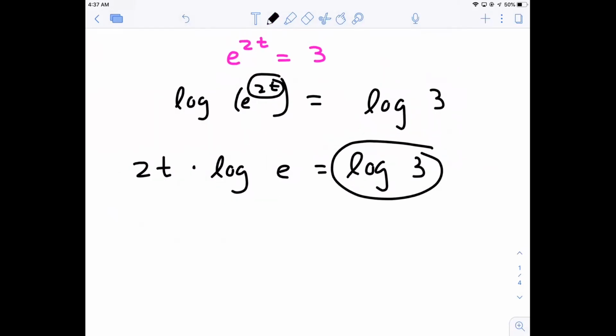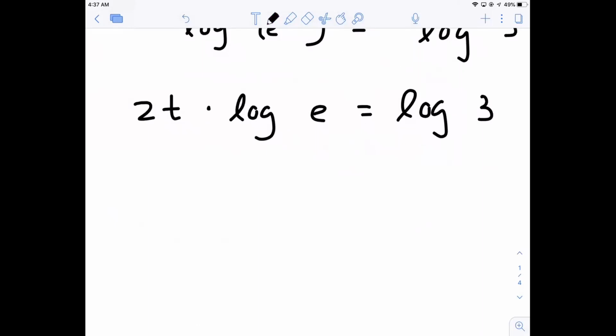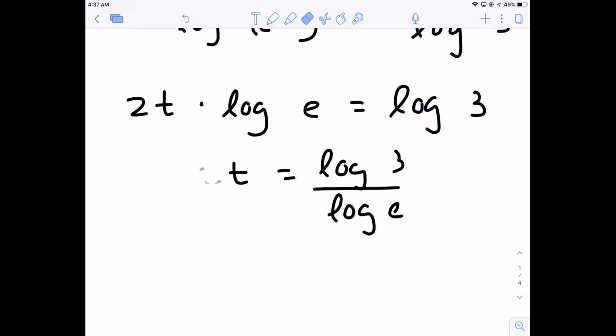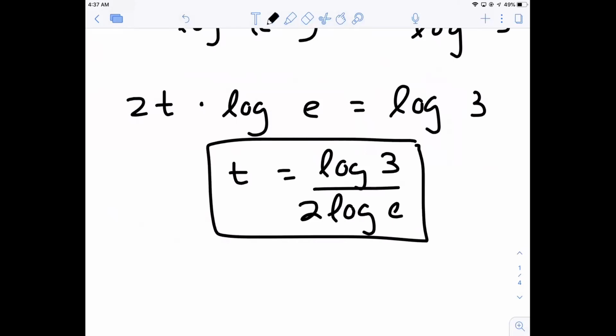Solving for t, I'm going to divide both sides by log e, so 2t is equal to log of 3 divided by log of e. And then I'll divide both sides by 2. And there we go. That is an acceptable final answer for exact value.